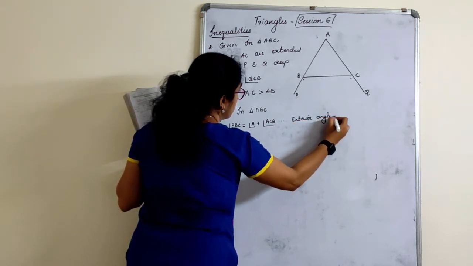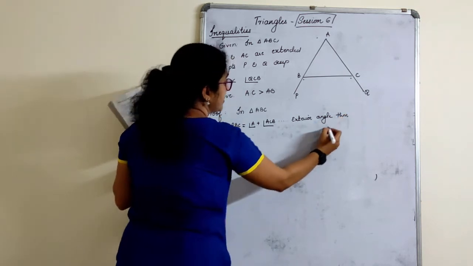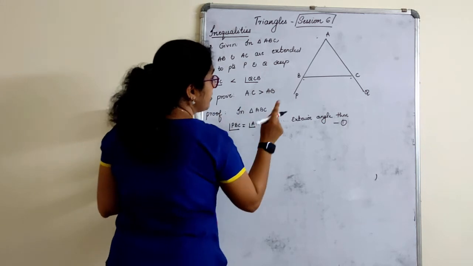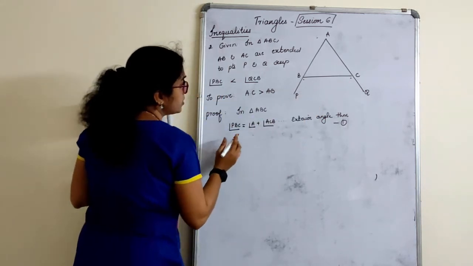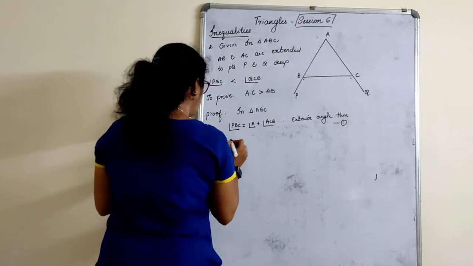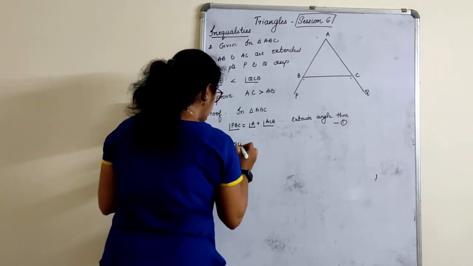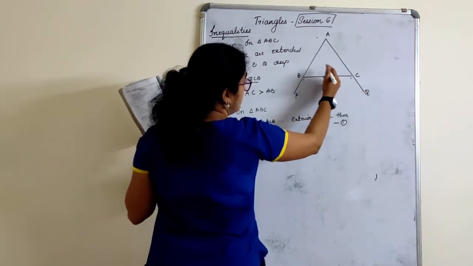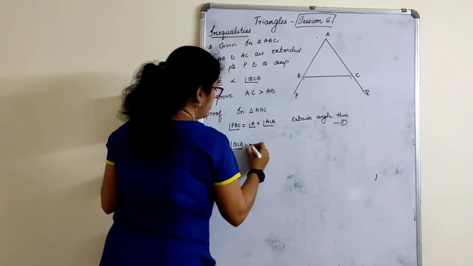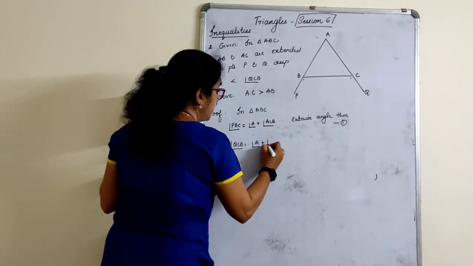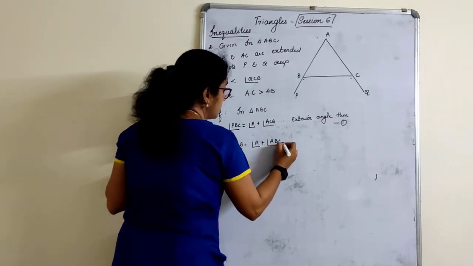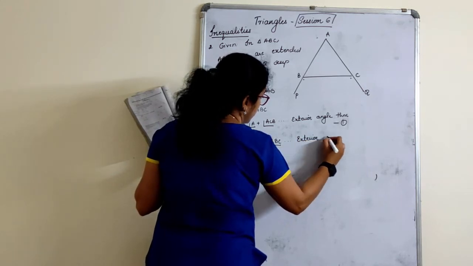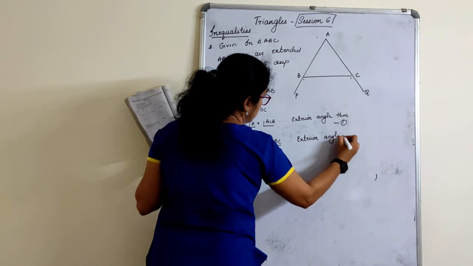Exterior angle theorem, equation 1. Next, I will take this side of a triangle. So angle, how do we read that? QCB. Now if this is a triangle and this is the exterior angle, it is sum of this and this. So again it is angle A plus angle ABC. Exterior angle theorem.